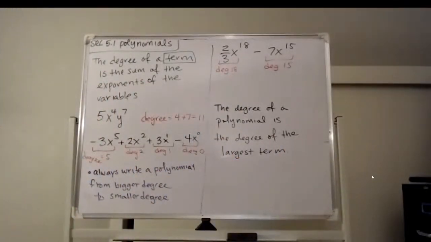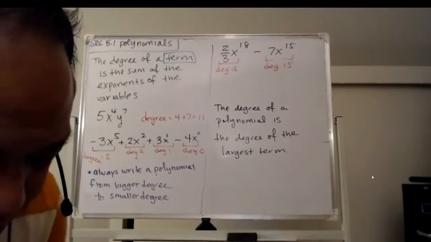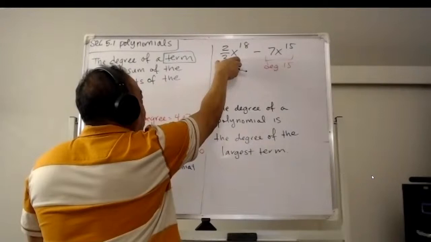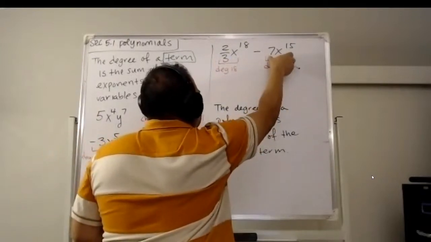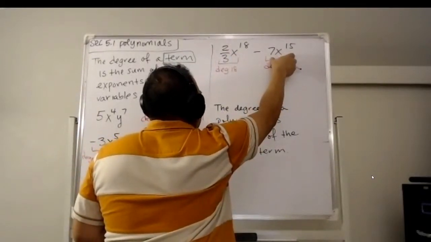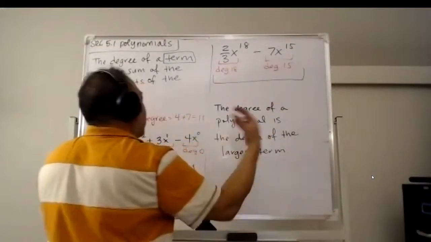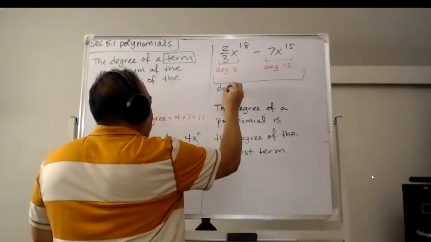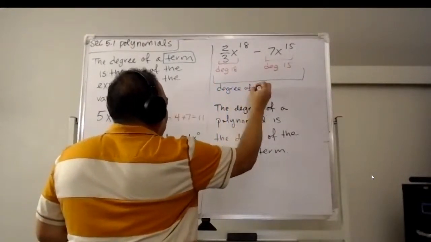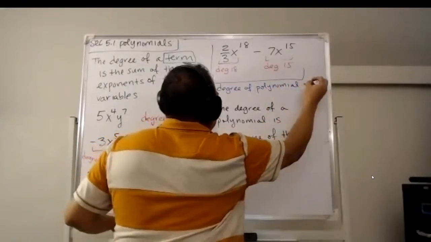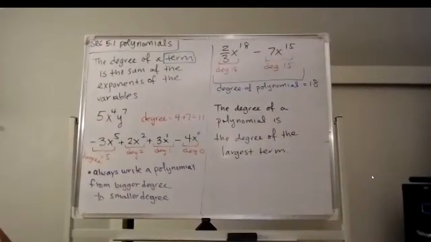Meaning that the degree of this individual term is 18, the degree of this individual term is 15, but the degree of the entire polynomial is equal to 18.